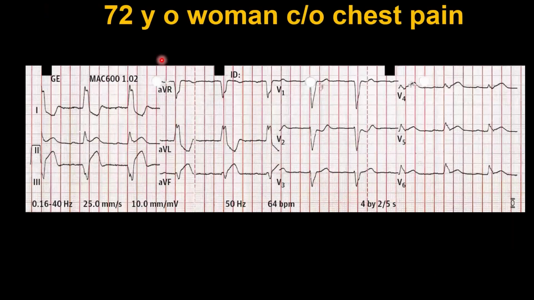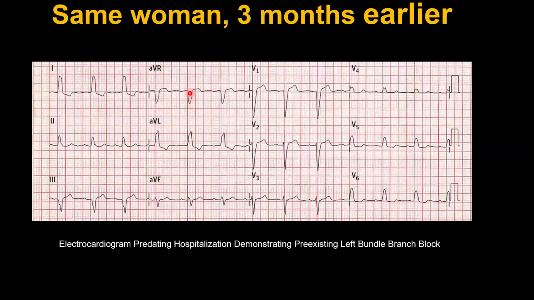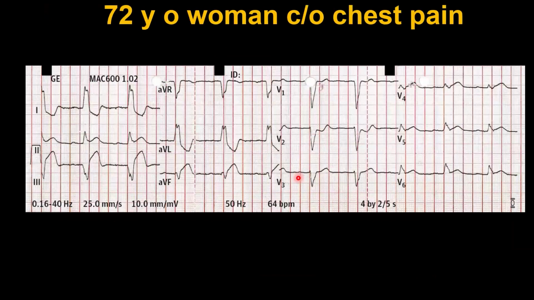Here's a lady who came in with chest pain, who had a left bundle branch block. Here's her usual left bundle branch block. Okay, looks like a typical left bundle branch block. But look here with chest pain. What do you see? In lead 2, there's ST elevation, which should be ST depression.